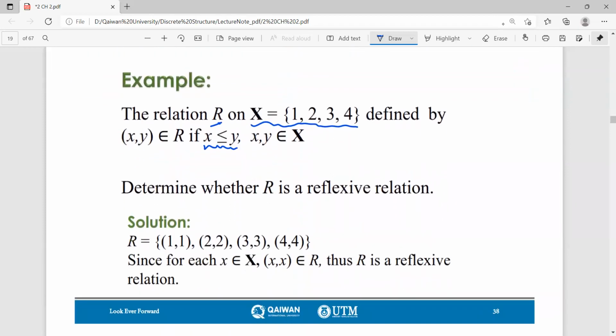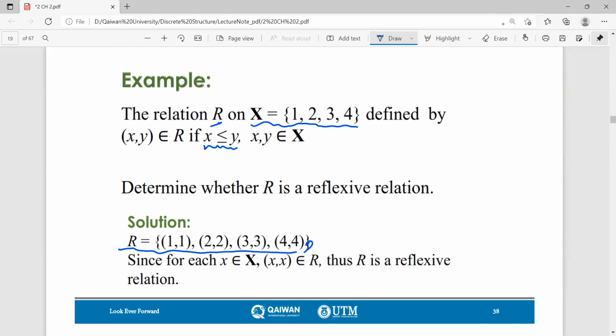We see the relation is this, and also we have some more elements in the relation, but the most important thing here: if you have a relation from any element with itself, that's enough for the reflexive. Also this is a relation on the set.